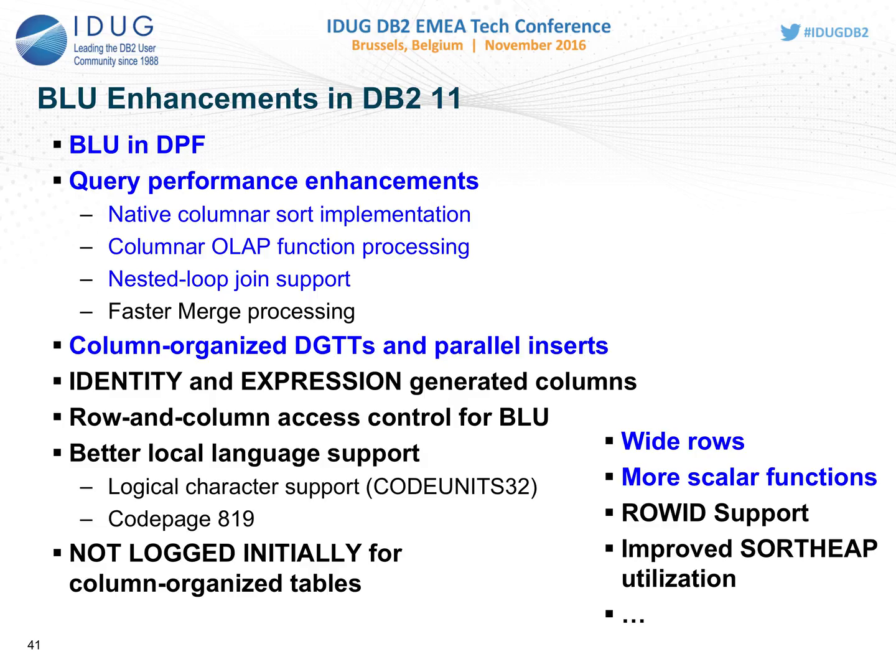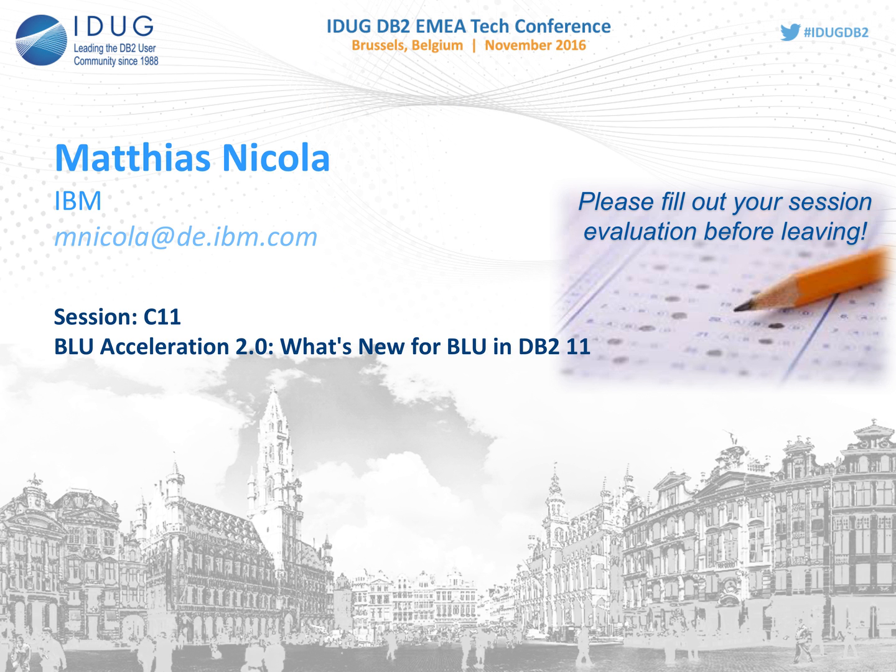There's one more question here. How does the access plan work with common table expressions as opposed to DGTTs?